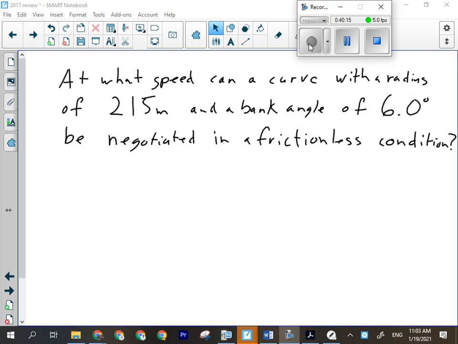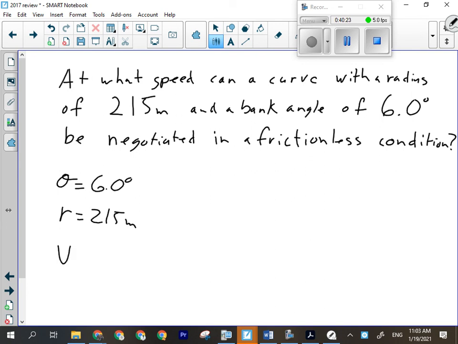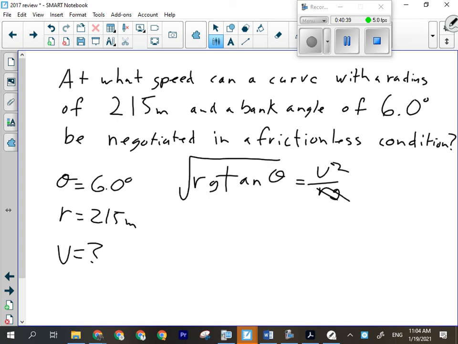Okay, so we got a bank curve here. We know that theta is 6.0 degrees. We know the radius is 215 meters. We're looking for the speed at which it can be taken. We know that for bank curves, the tan of theta equals v squared over r times g. So we're manipulating for v. I'm going to multiply both sides by r times g, and then square root to get v.